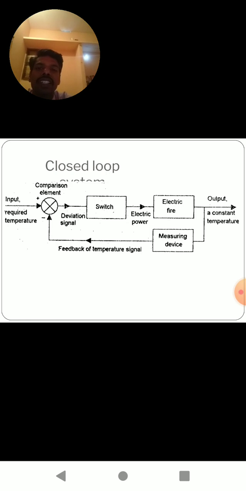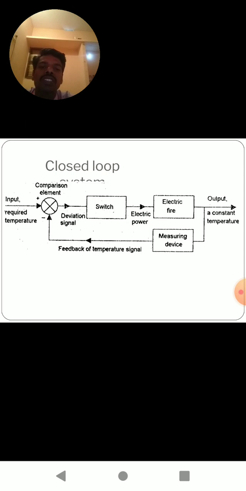If there is any error or difference, that error will be measured through the feedback signal. That error is to be reduced or rectified in the comparison element. Then the corrected level will be provided to the switch, so that we attain the expected output at the output element.